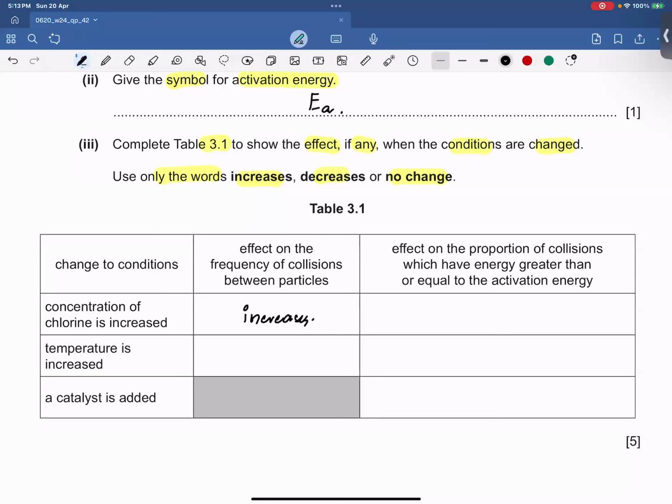Temperature is increased, collisions between particles increase. Effect on the proportion of collisions with energy greater than or equal to activation energy: no change. And obviously this increases, and this also increases.